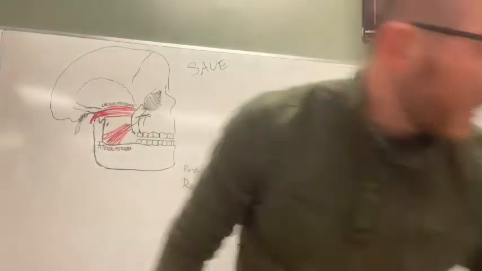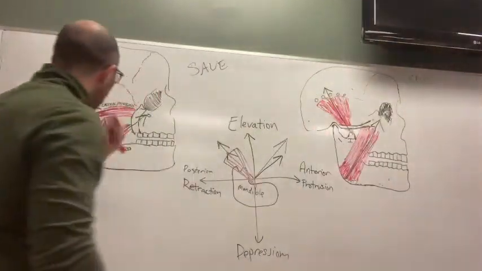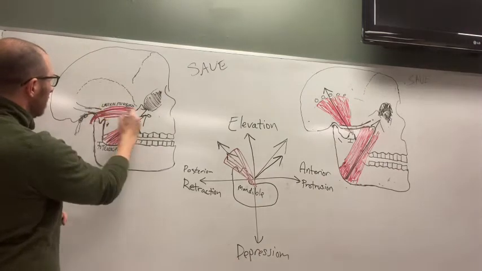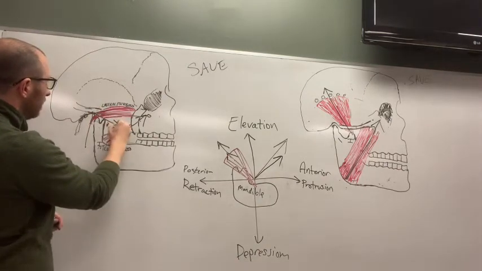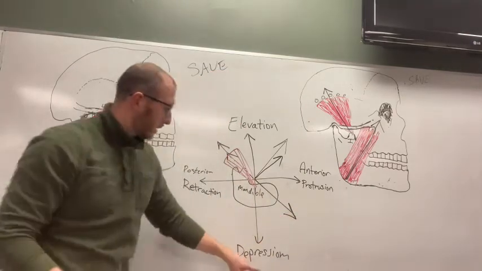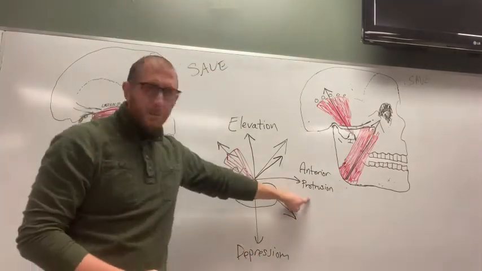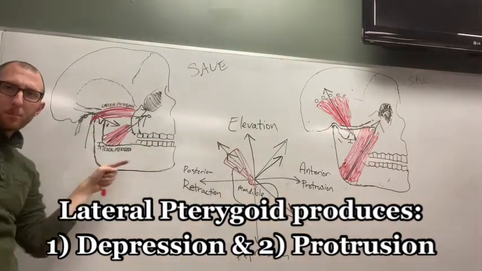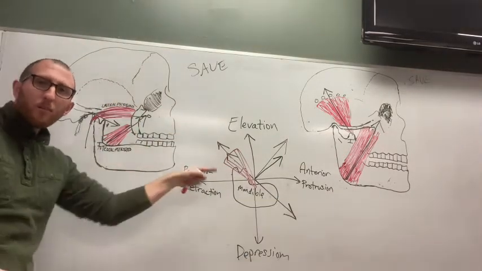That's what's going on here. So you're gonna get your arrow, you're gonna have it going this way. So it's actually gonna be in this quadrant, which means it's doing depression and protrusion. So it's definitely doing protrusion. You pull it this way, it's gonna protrude the mandible forward.